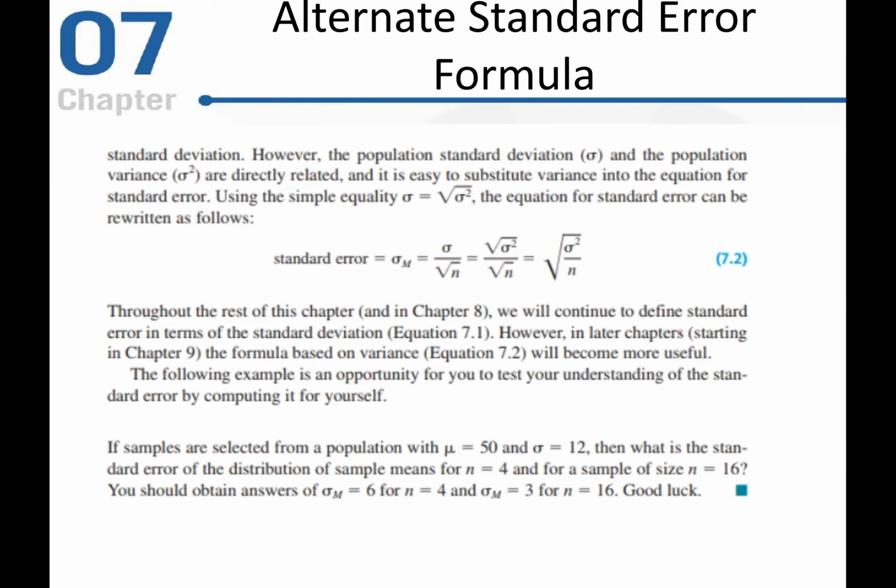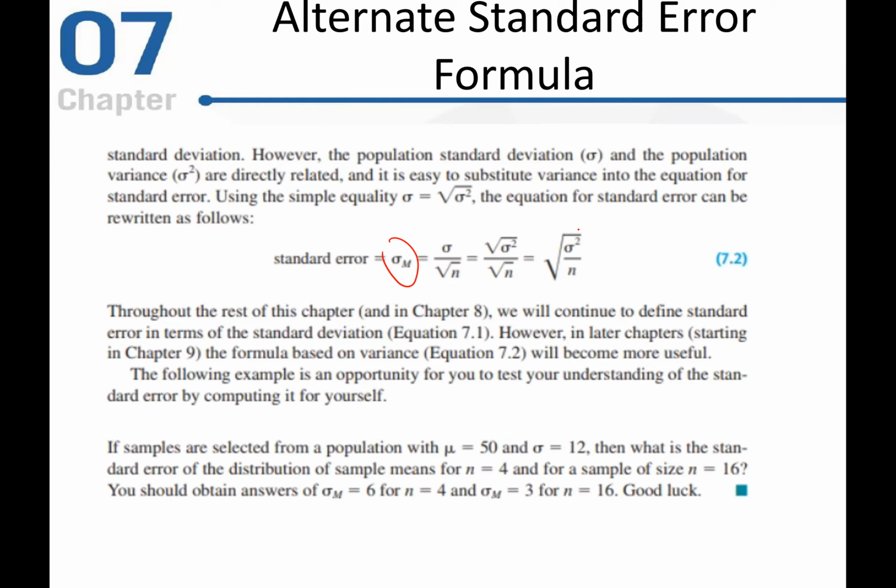So the standard error equals this right here, which also equals the standard deviation over the square root of the sample size, or what is functionally equivalent to this is the square root of the population variance over the square root of the sample size, or just the square root of the population variance over the sample size.